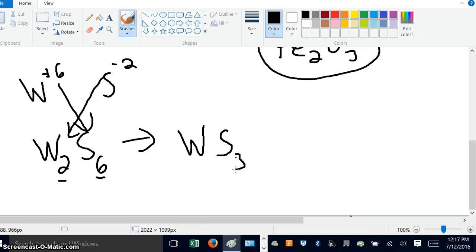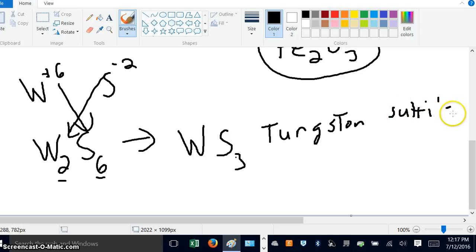So this would be called tungsten sulfide. IDE. And notice, even though this is a transition metal, let's go back to our list.